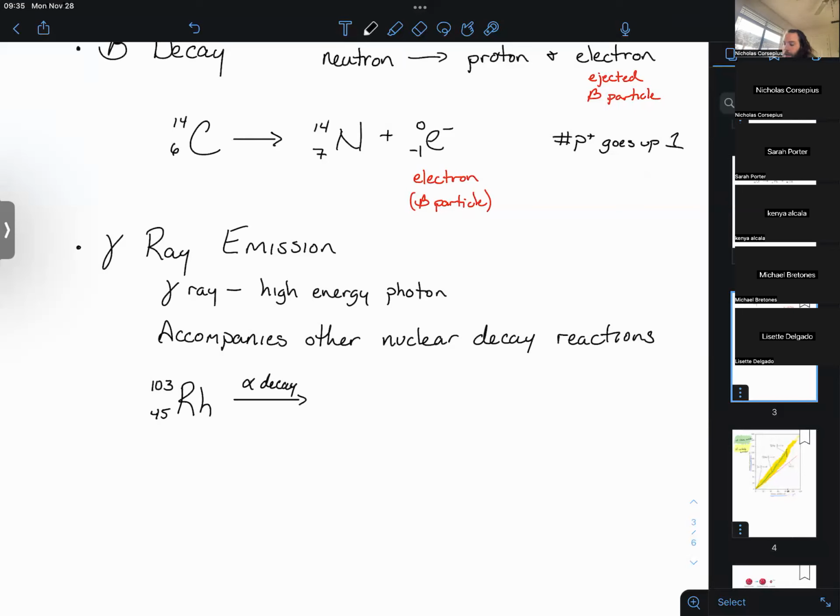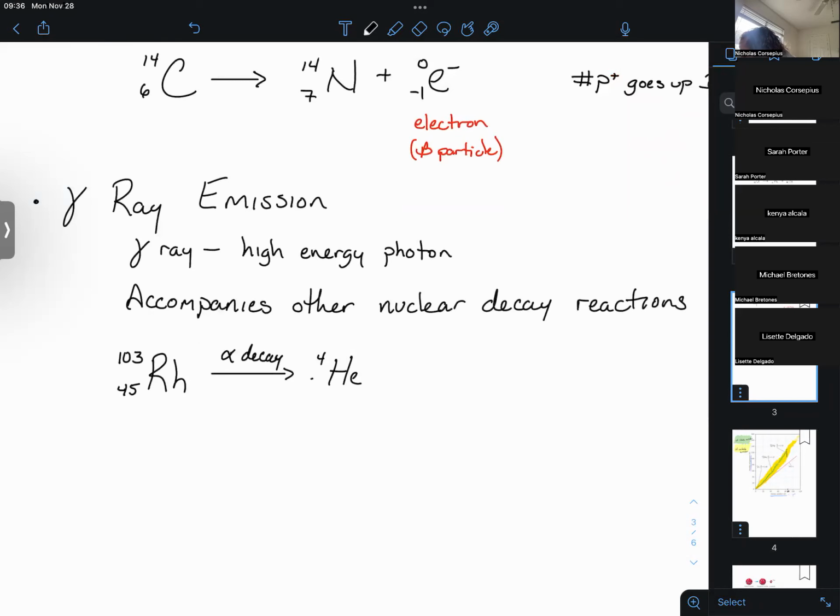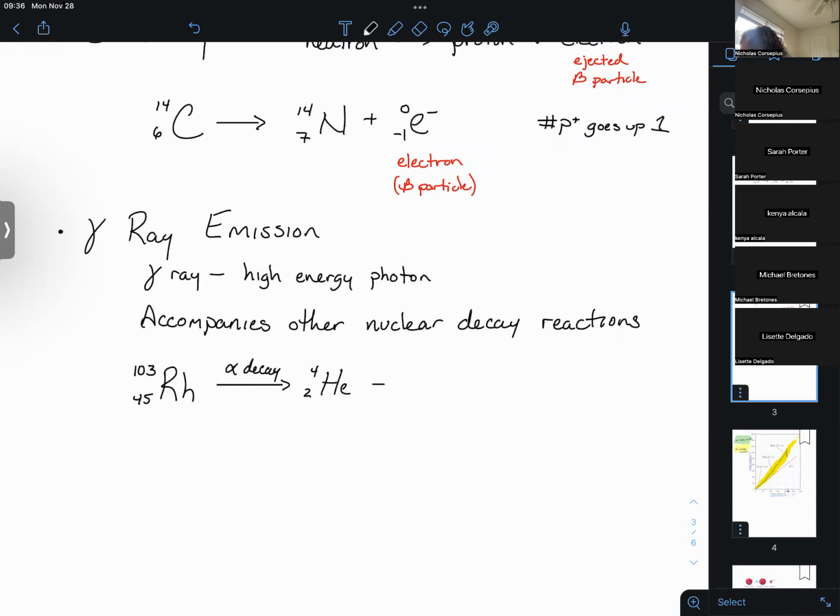So everybody take a minute and tell me what those two products would be. All right, so the first alpha decay product is always that alpha particle, helium-4. Right, so then I just have to do my conservation of matter. So the other thing is going to be Tc, or technetium.